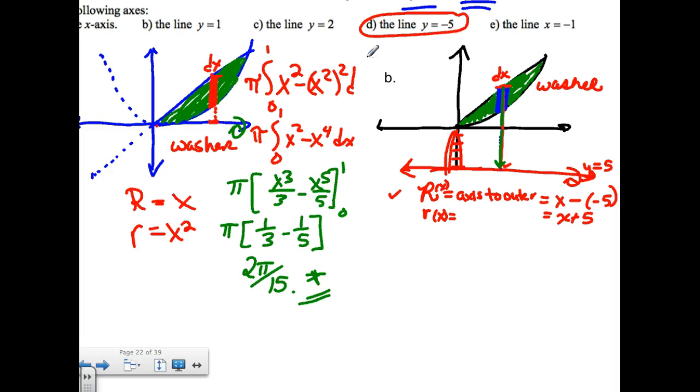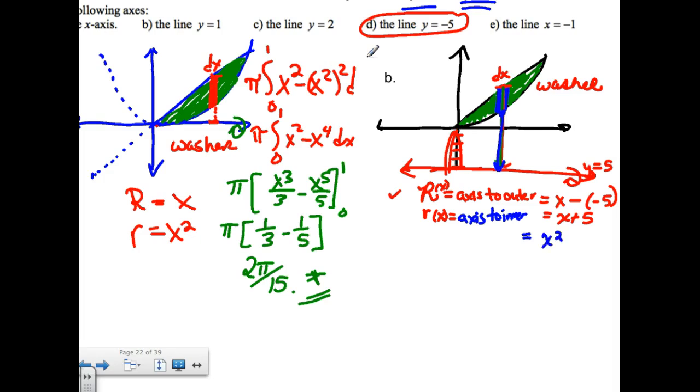The inner radius is going to be, again, this inside hole right here, and again, that's the axis to the inner edge of the curve, axis to inner edge. And again, that means we do the top minus the bottom. The top of that region is the inner edge of the curve, which is x squared.